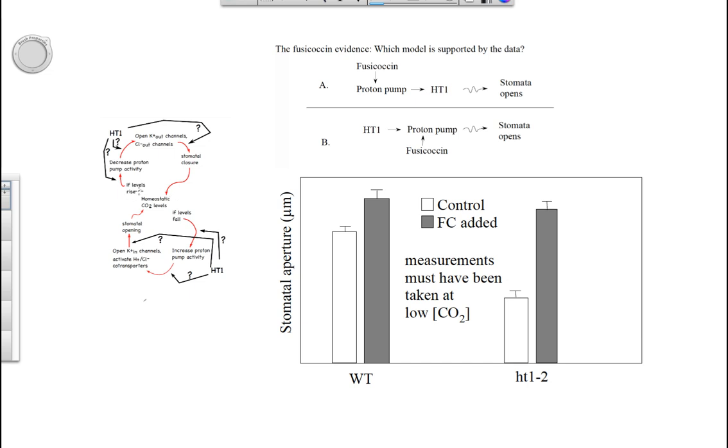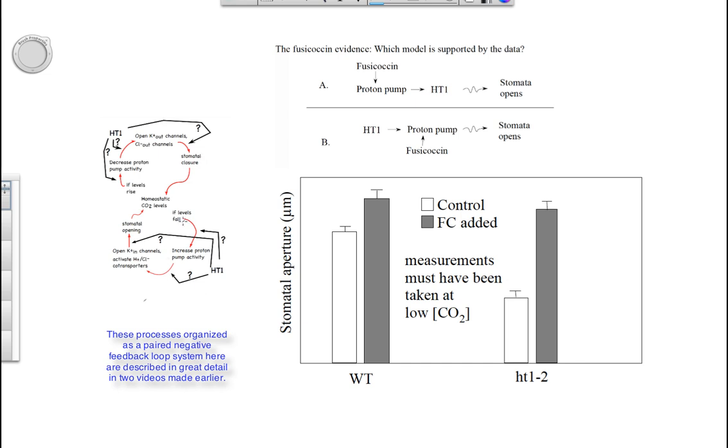Closure of stomata by HT1 would take place either before the proton pump is slowed down. Remember, it takes slowing down the proton pump to depolarize the guard cells. When those guard cells are depolarized, the potassium channels open and potassium leaves. The chloride channels open and chloride leaves. This solute leaving leads to water leaving, and the stomata close.